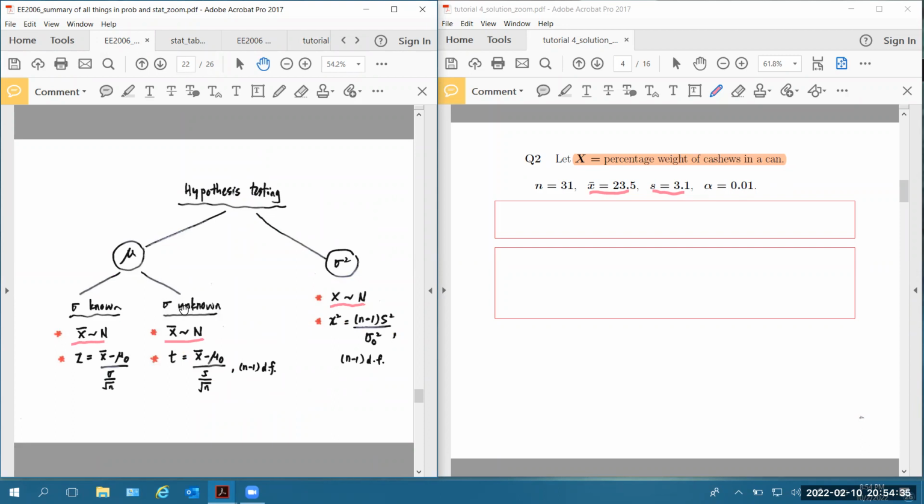For this case, we need X bar to be normal as a prerequisite, and we are going to use the T test statistic. Class, how to make X bar normal? We need to write down the prerequisite here first.